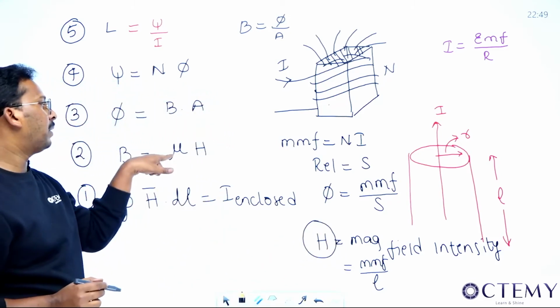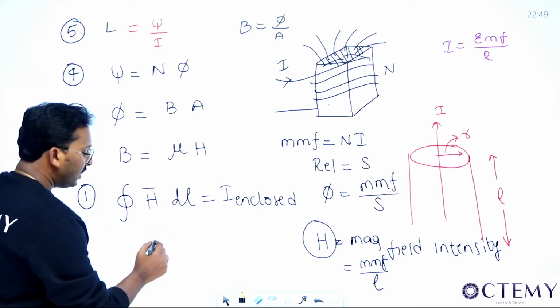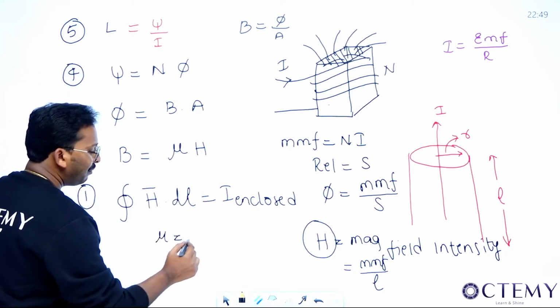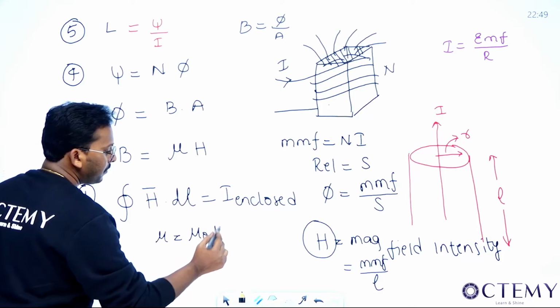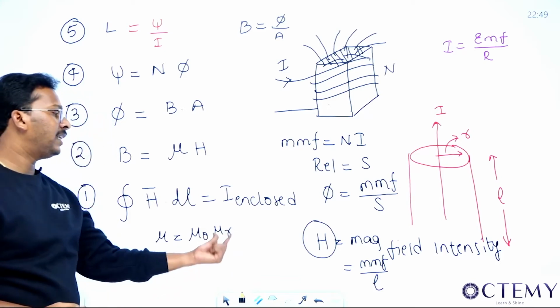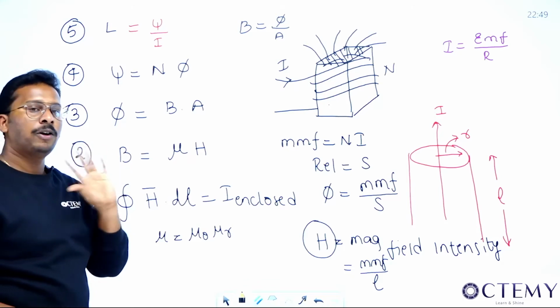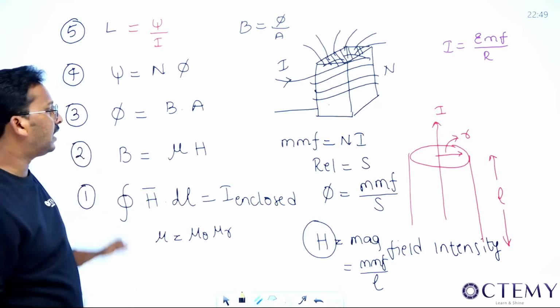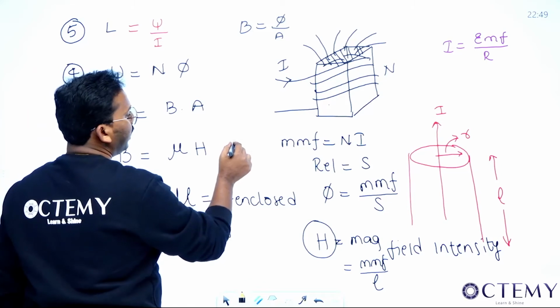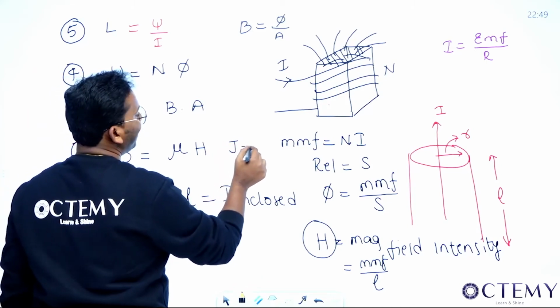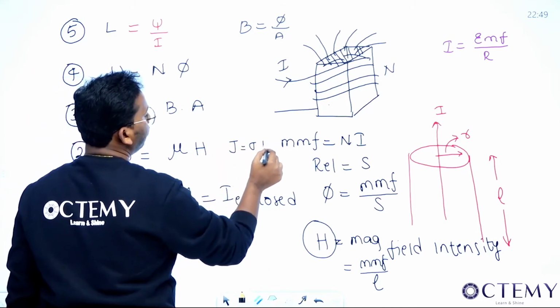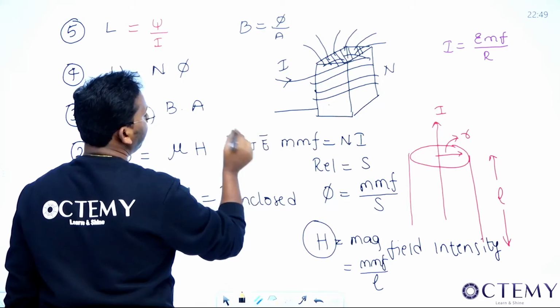So there is relative permeability. Mu is equal to mu naught mu R. If the relative permeability is good, then because of H, the B which we get will also be good, sir. You might know that in an electrical circuit, J is equal to sigma into E. This is the point form of Ohm's law.